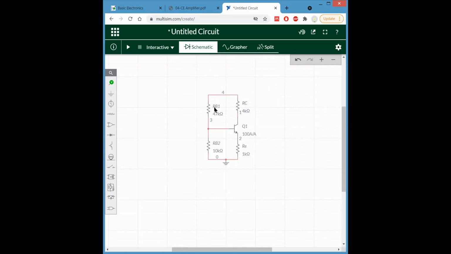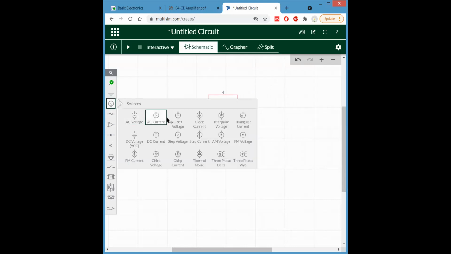That is different. Okay. And then what we have to do is apply a VCC, means a positive voltage source, for biasing. So this is the DC voltage source we have to apply.